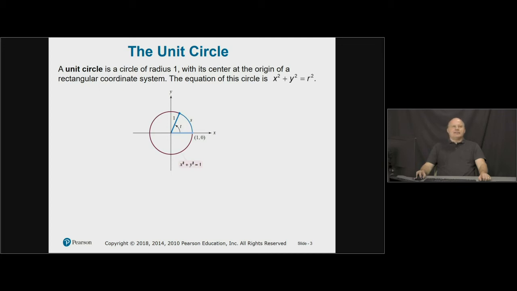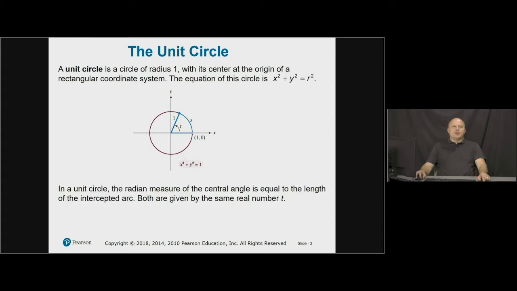But if you notice, the point on the x-axis is 1, 0. If you look on the other side, it's negative 1, 0. But the equation of that circle is x squared plus y squared equals 1, okay? So in a unit circle, the radian measure of the central angle is equal to the length of the intercepted arc. Both are given the same real number t.